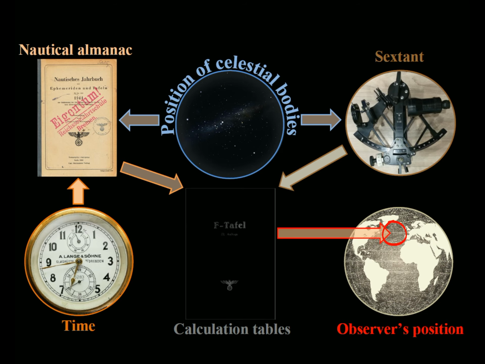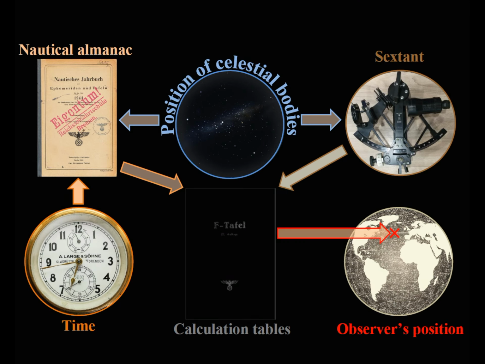For celestial navigation, the sun can be used during daylight hours, and several dozen navigational stars can be used at night. For this purpose, I have compiled all the necessary tables, as in a nautical almanac.